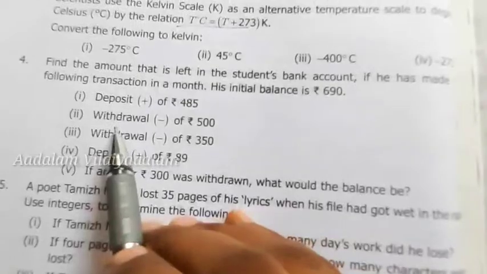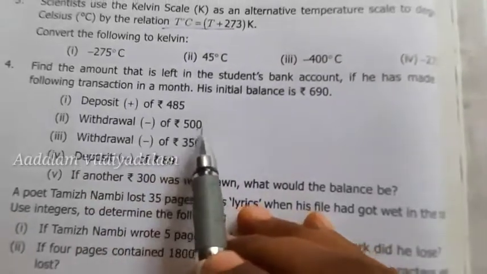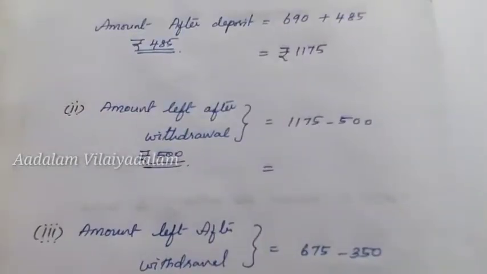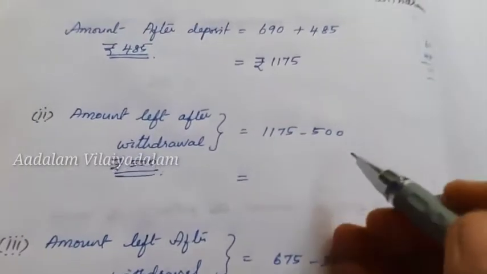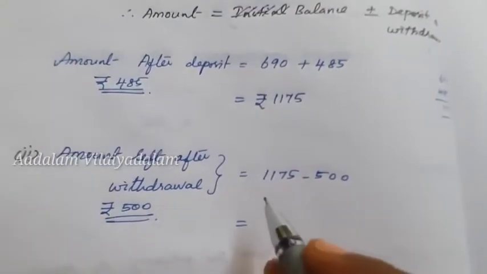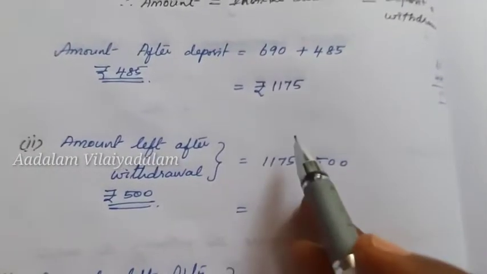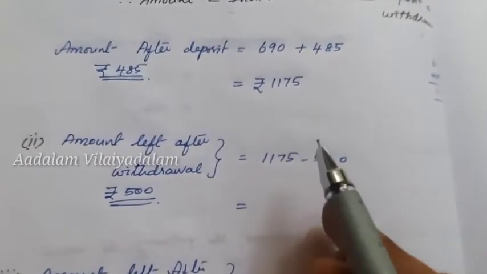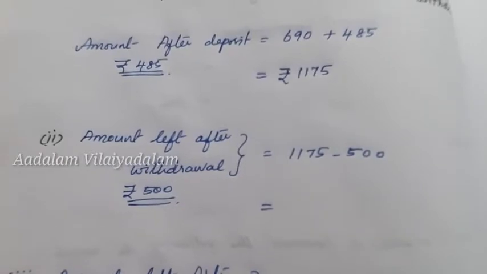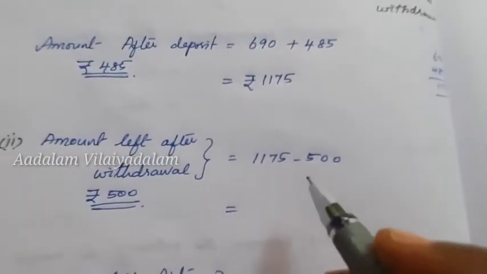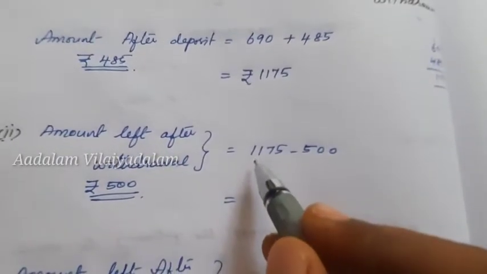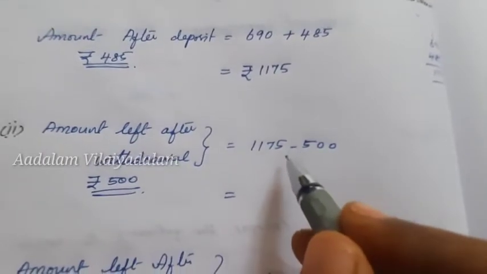Let's see the second subdivision, withdrawal of minus 500. Now the amount left after withdrawal: how much money does he have? He has rupees 1175.